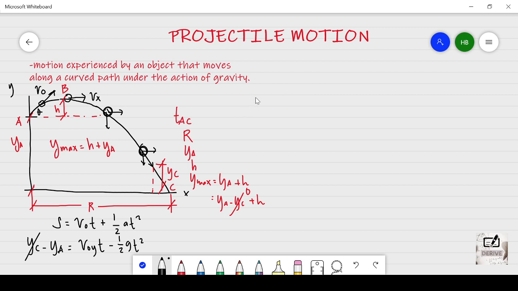Okay, just proceed. Are we going to simplify it? As you can notice, if we are searching for the time, this will be a quadratic equation.